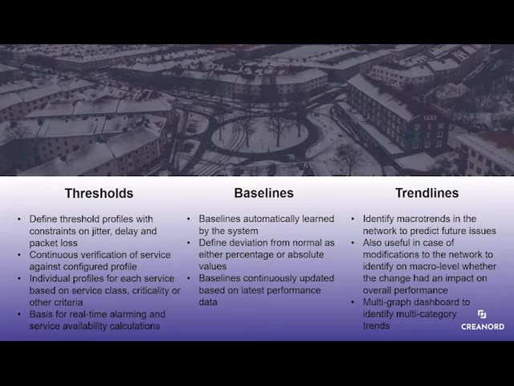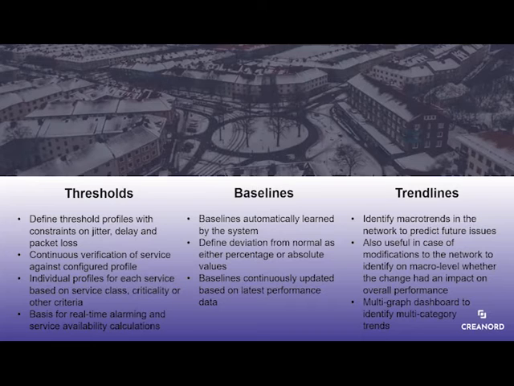This is quite valuable as of course the performance can vary at different times of the day. And also these baselines are not fixed, but they are continuously modified as the network evolves and the traffic patterns evolve. So the system will automatically update the baseline based on the new traffic profiles.